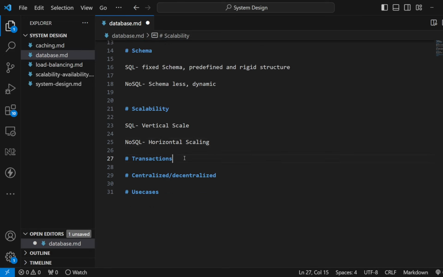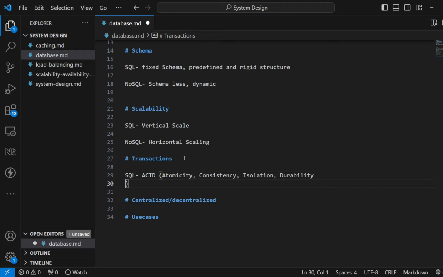Now coming to transactions. So here SQL follows ACID transactions. ACID means atomicity, consistency, isolation, and durability. So it supports these.